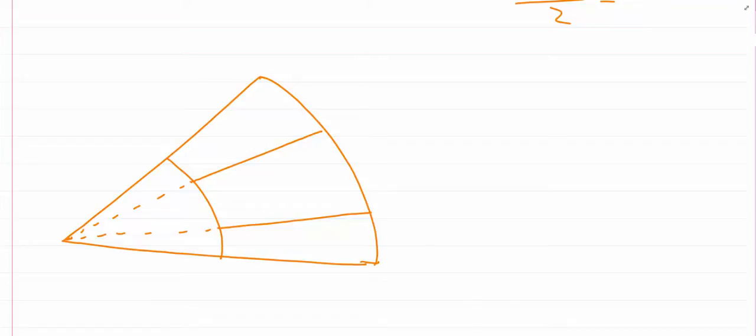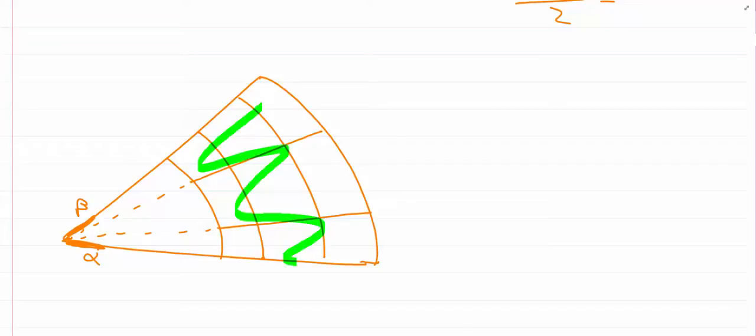Now I'm breaking this region down into little circular things, right? Now, let's suppose that I keep theta fixed. In other words, I'm going from this right here to this right here. I've got maybe alpha and then beta, and here is the delta theta. So I'm going from alpha to beta. Let's suppose I'm interested in adding up these things and getting the area.